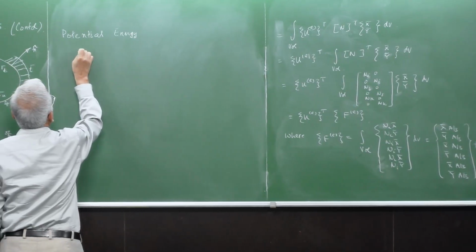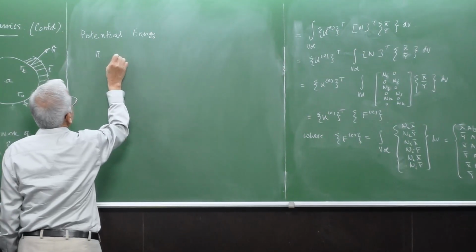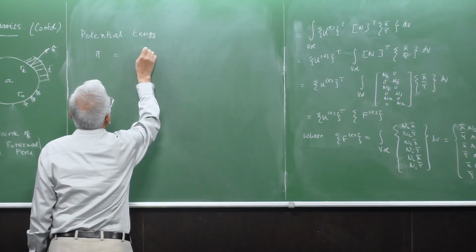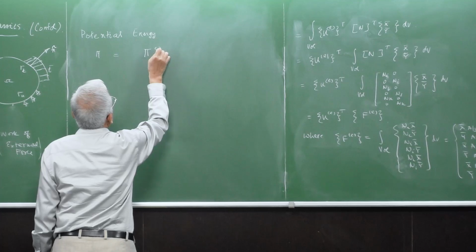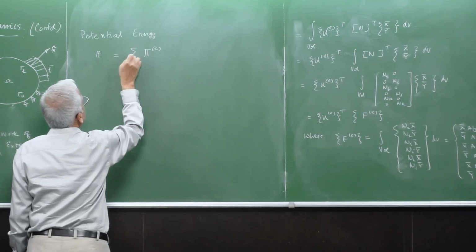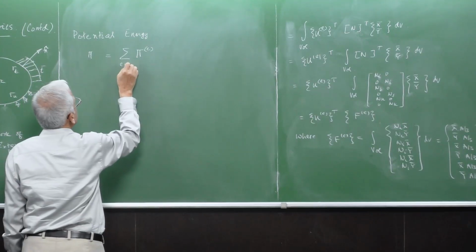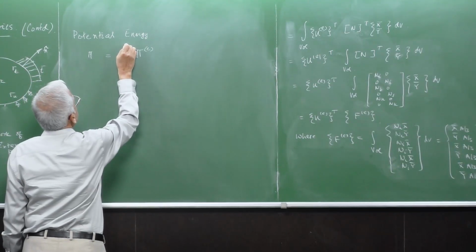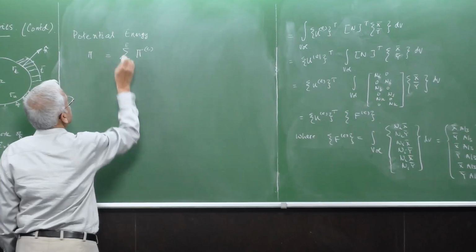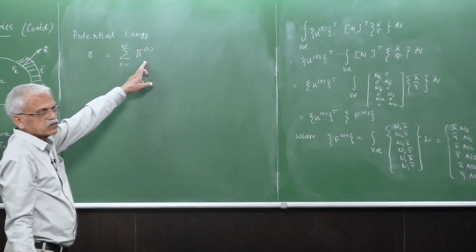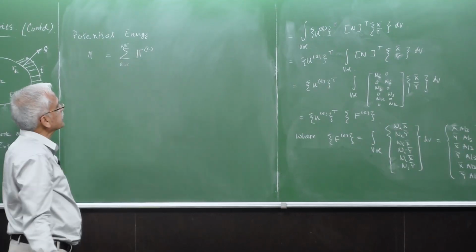phi of the body, we can write for each element. So this is how it is over all the elements. We are assuming that there are any number of elements, and this is what we have just now simplified.